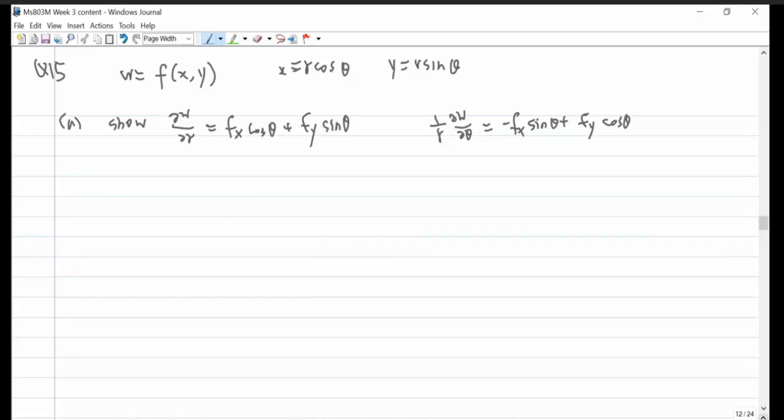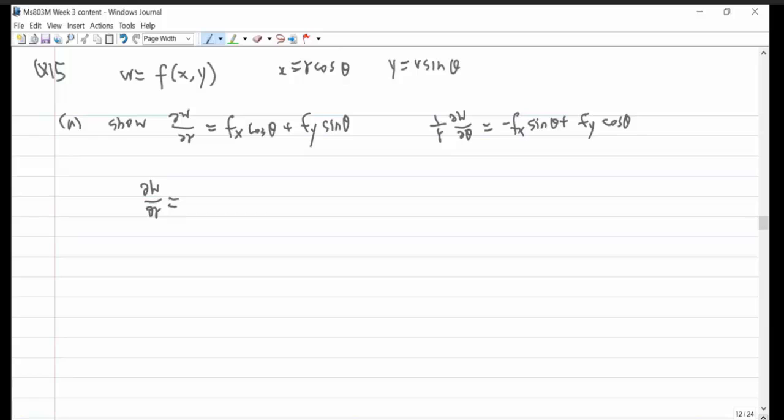Okay, how do you do that? This is again using the chain rule for partial differentiation, right? W depends on x and y, and then x and y depend on r and theta. So eventually, W will depend on r and theta, right? So you can talk about what is the differentiation of W with respect to r.